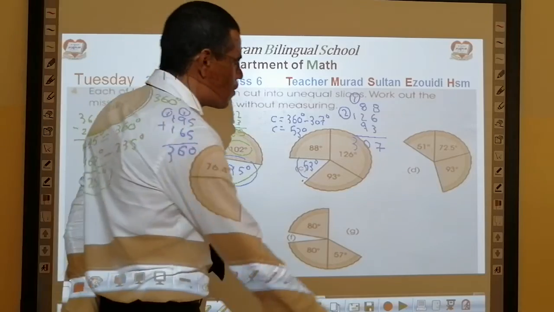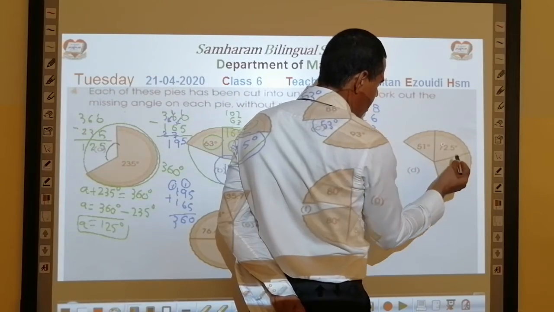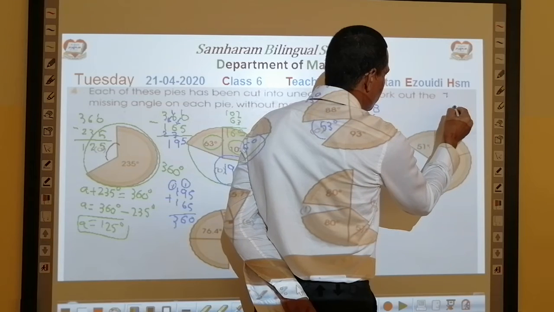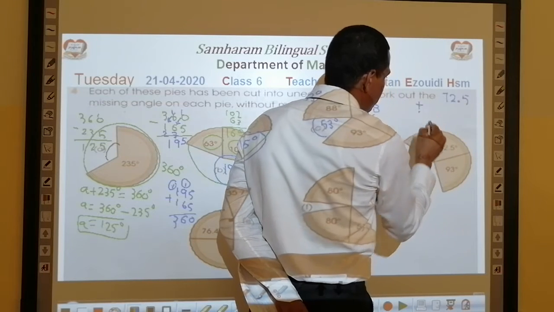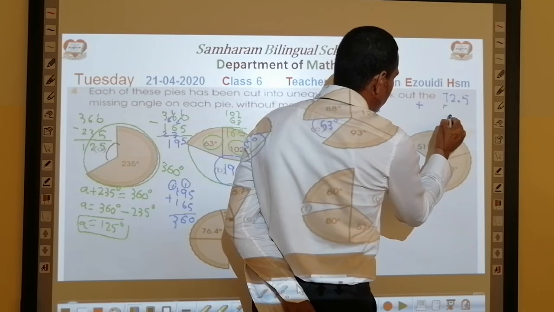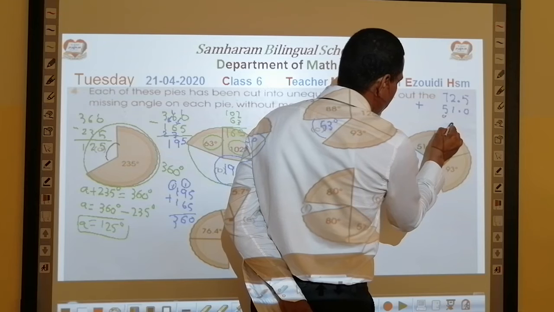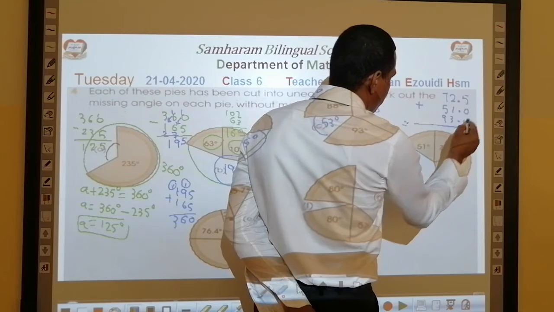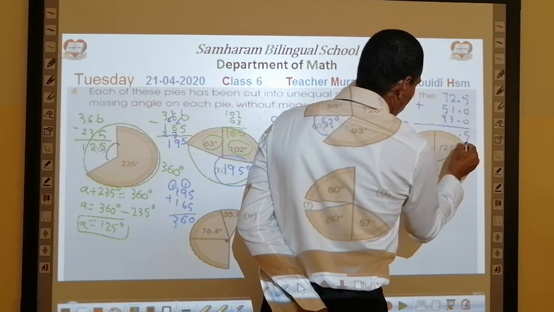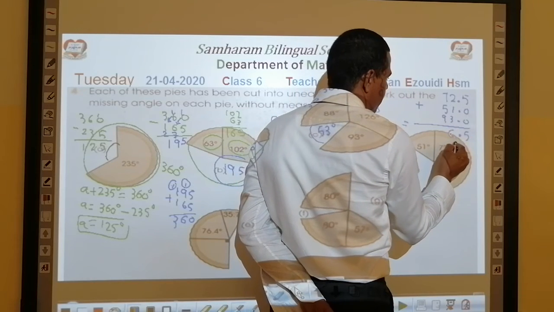The next, for D, I will just add all of this. I will make 72.5 plus 51.0 plus 93.0 equal. So 5 plus 0 is 5. Decimal point, put it here. 2 plus 1, 3 plus 3, 6.